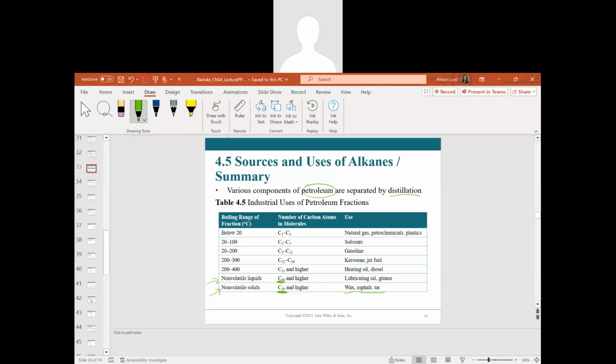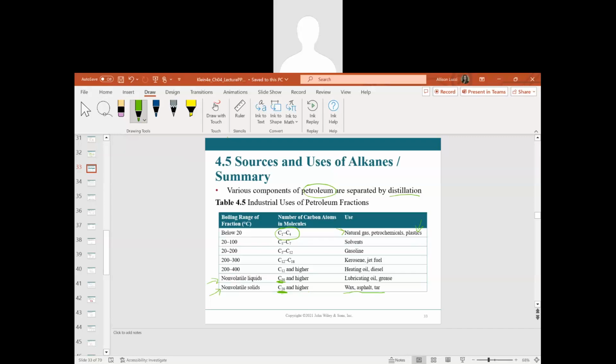Then as we get smaller and smaller, we see that our boiling point is lower and lower. So things that are only 1 to 4 carbons in length, such as methane, ethane, propane, and butane, would be the natural gas like methane, formation of plastics, things of that nature.